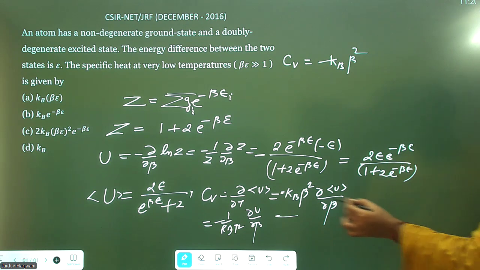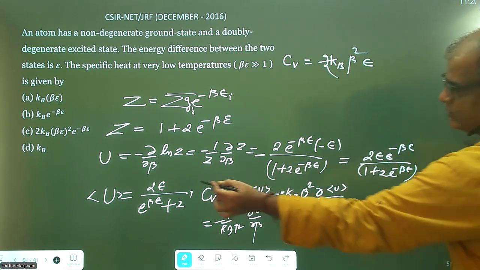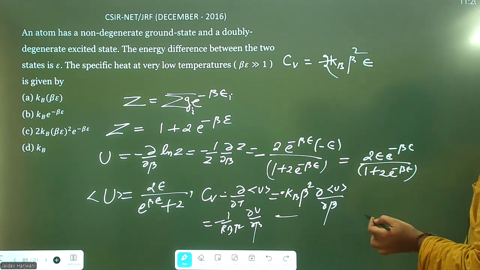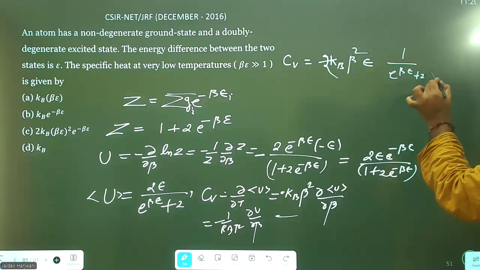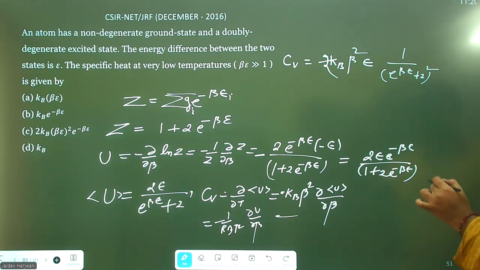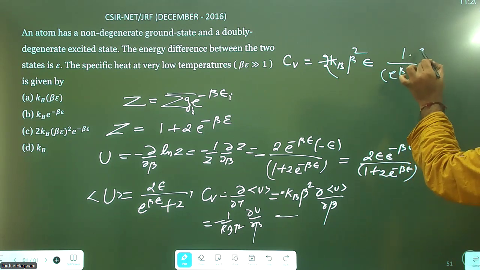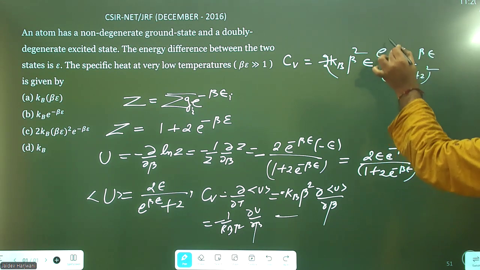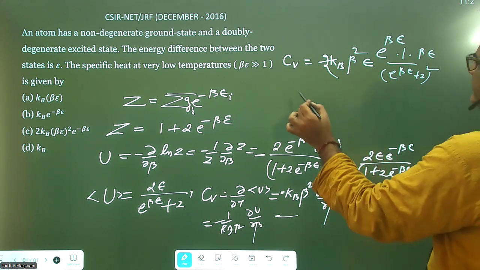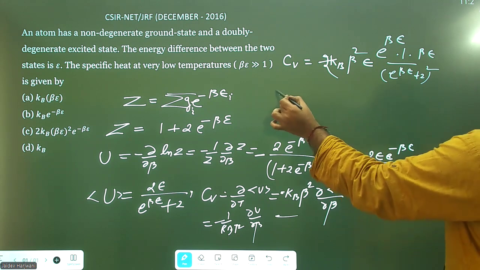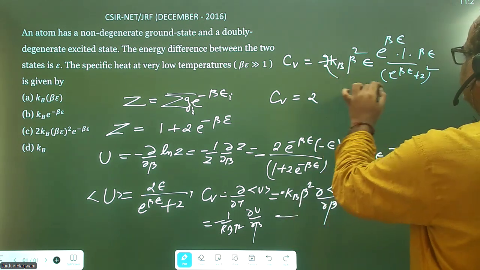If you differentiate the internal energy, we have to take E as constant because you have 2E, and differentiating this with respect to beta will give me 1 upon (e to the power beta E plus 2) whole square, multiplied by E e to the power beta E from differentiating. Now C_V becomes, this minus minus becomes plus when you differentiate.